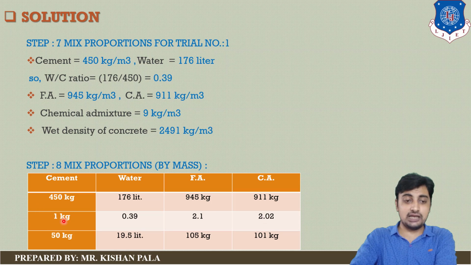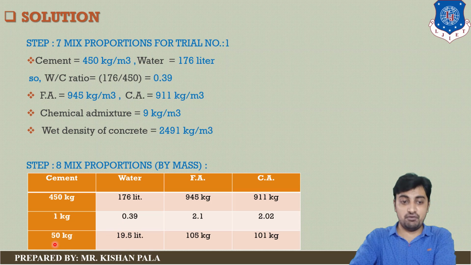So we can calculate based on 1 kilogram, and we can also find it based on 50 kg, because our cement bag is packed at 50 kg. So we have to finalize our proportion based on the bag of cement, meaning 50 kg of cement mass. We multiply these values by 50.